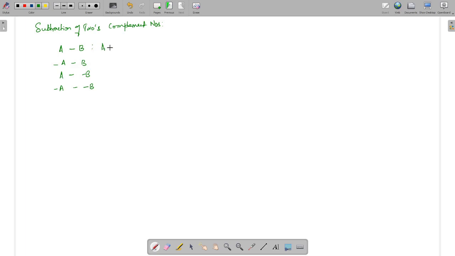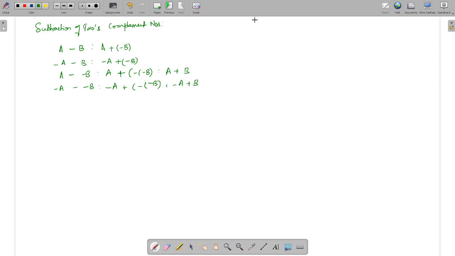This could be written as A plus minus B, and this could be written as minus A plus minus B. This could be written as A plus minus of minus B, and this could be written as minus A plus minus of minus B, which is nothing but A plus B and minus A plus B. You'll get the results right.